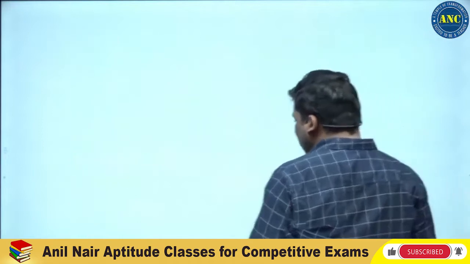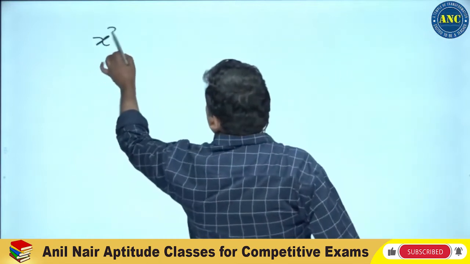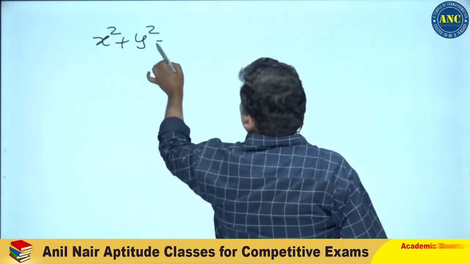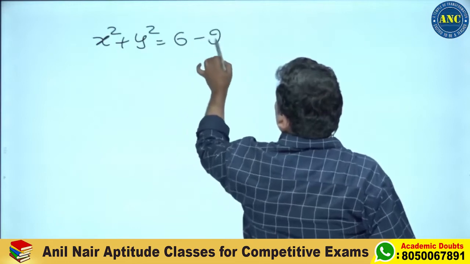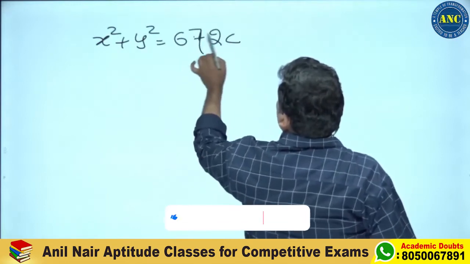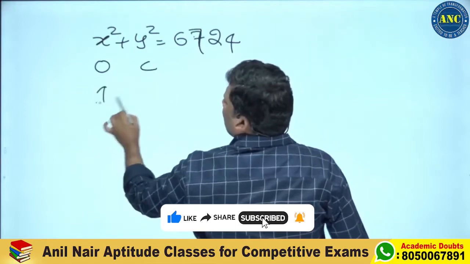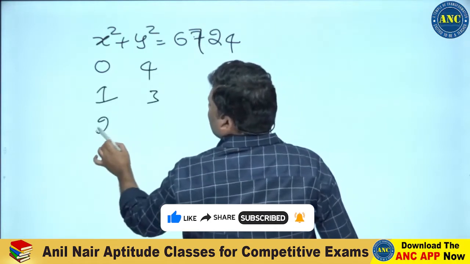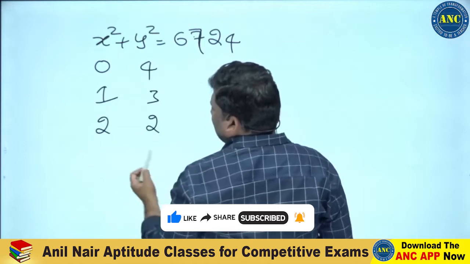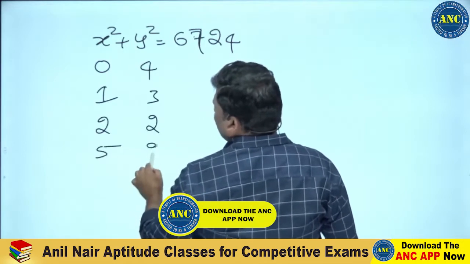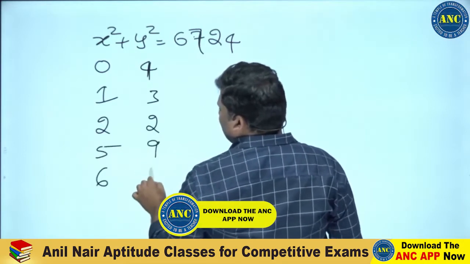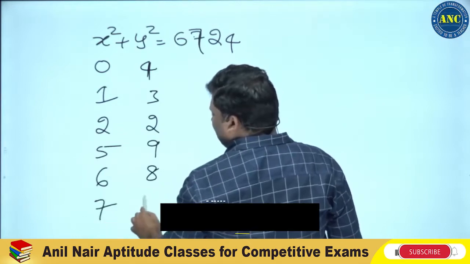These are little advanced level questions. X square plus y square is equivalent to 6724. 0 plus 4 first case, 1 plus 3 second case, 2 plus 2 third case, 5 plus 9 fourth case, 6 plus 8 next case, 7 plus 7, 14.